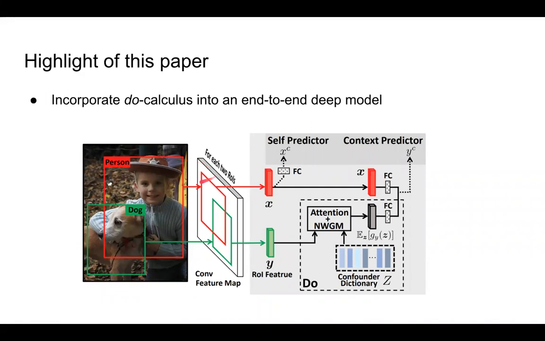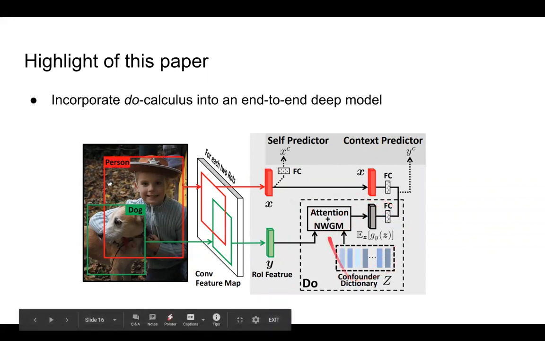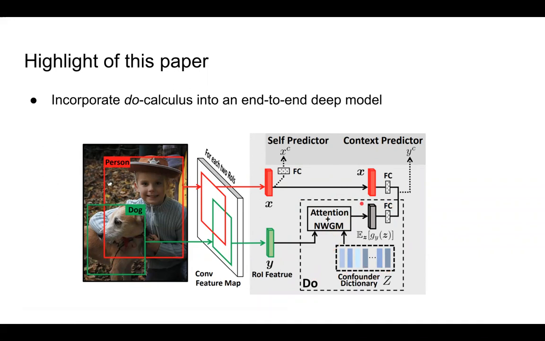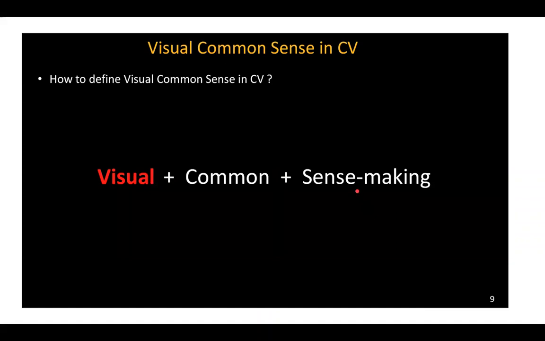Just like here, this is a CNN model, a deep learning model, and they use a way to add the do-calculus into the end-to-end deep model. Okay, here because the authors released the slides, I just borrowed their slides, so the style may be different.